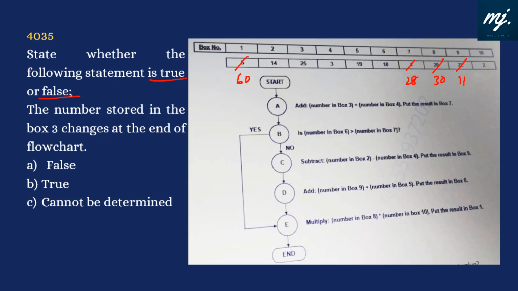So they keep on repeating the same format. The number stored in box 3 is 25. Does it change at the end of the flowchart? No, the number stored in box 3 doesn't change at the end of the flowchart. That means the given statement is false. Mark false and move on.